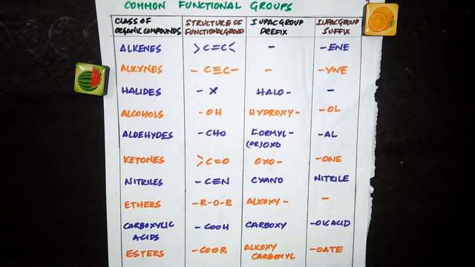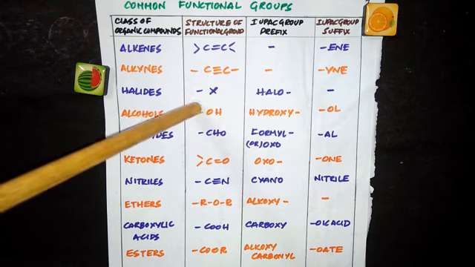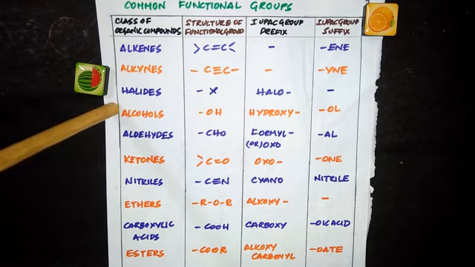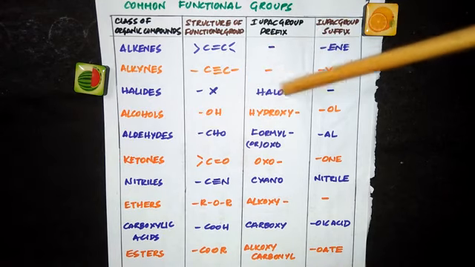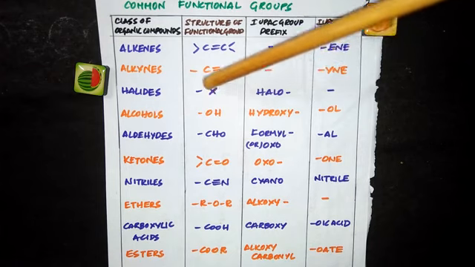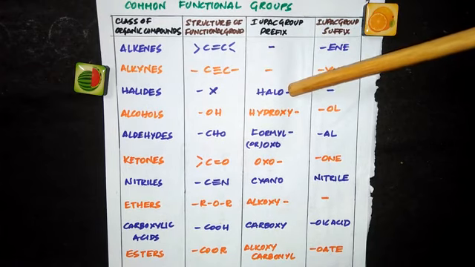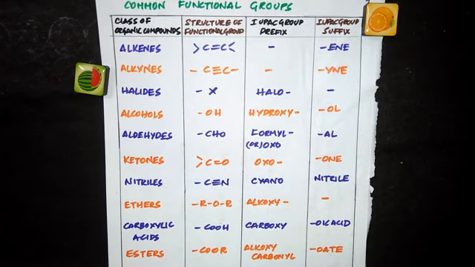So if you replace one or more hydrogen atoms by X, then that is a halide. The prefix we use is halo. If it is chlorine, chloro. Fluorine, fluoro. If it is bromine, we use the prefix bromo. If it is iodine, we use the prefix iodo. There is no suffix for halides while naming.